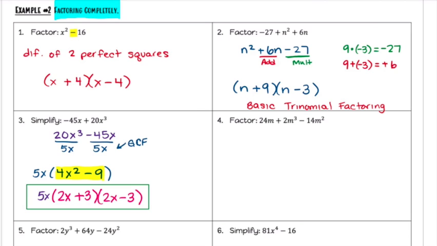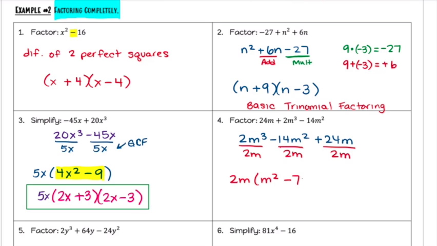So let's look at number 4. Rearrange your terms first. Is there a GCF? There is. So we are going to take that GCF out. Look inside the parentheses. You have a trinomial. So this is basic trinomial factoring.